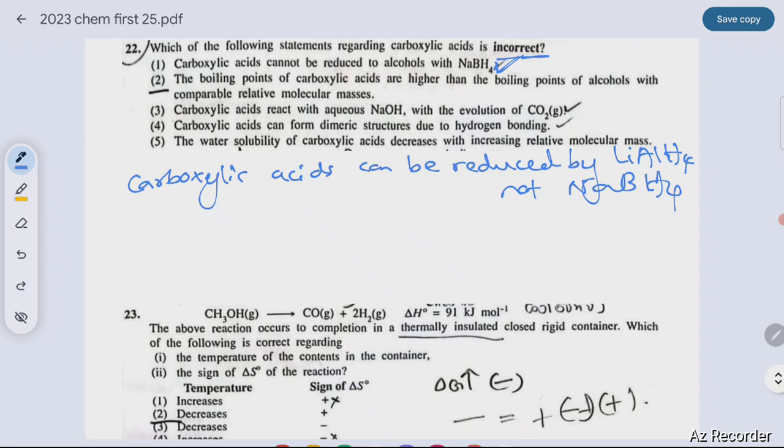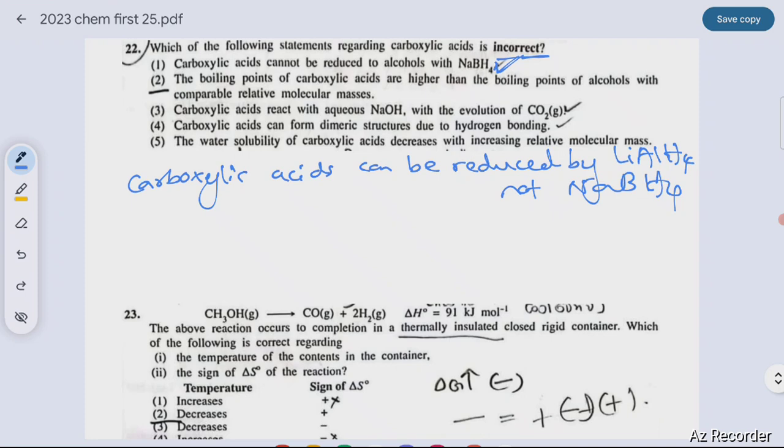We can use sodium borohydride for the reduction of aldehydes and ketones. And by using lithium aluminium hydride, we can reduce aldehydes and ketones, carboxylic acids, esters and amides. So carboxylic acids cannot be reduced to alcohols with sodium borohydride, that is correct.